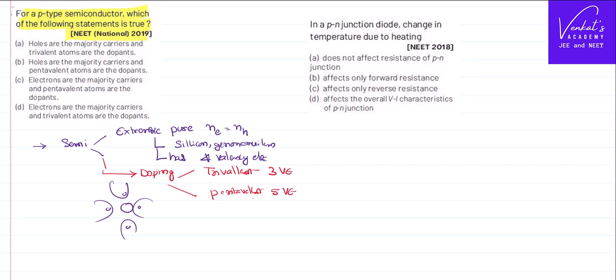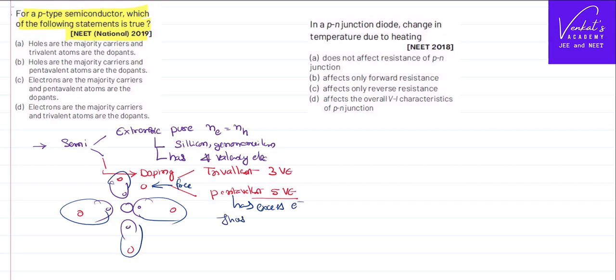When you add a neighbor with 5 valency electrons, 4 of them will form bonds with the neighbors, but the fifth one becomes free. It has excess free electrons, thus it becomes an n-type material.